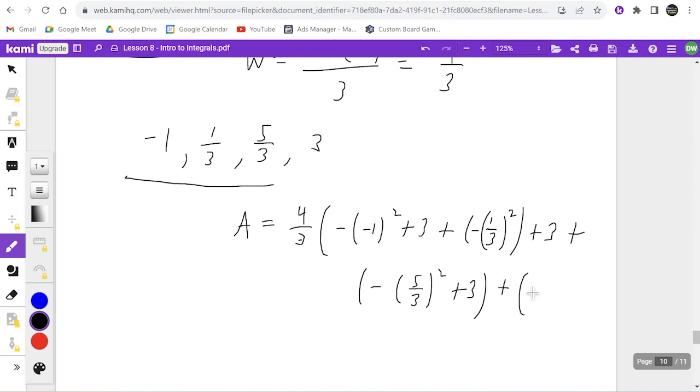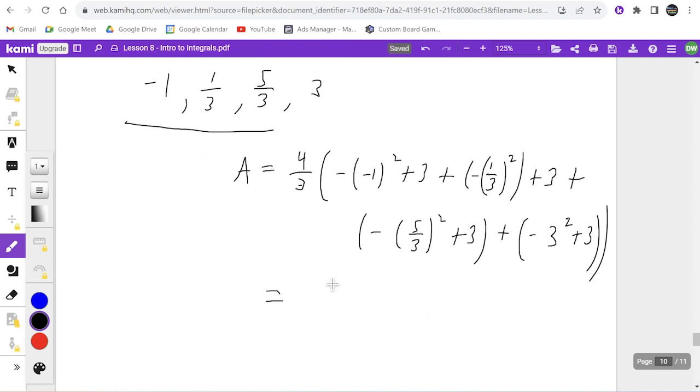And then the last one is -3 squared plus 3. And luckily I plugged this in my calculator earlier today. And if you do the same, you'll get some crazy decimal. As a fraction, it ends up being 184/27. And there's my answer for the first one. Any questions there?